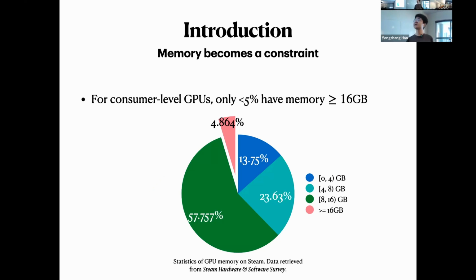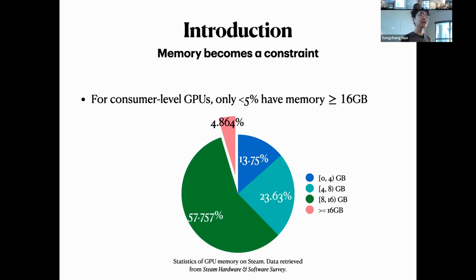These are statistics from a gaming platform, and less than 5% of the users have a memory greater than 16 gigabytes. And 16 is not a great number. Note that this is a gaming platform, so people generally have higher end GPUs.